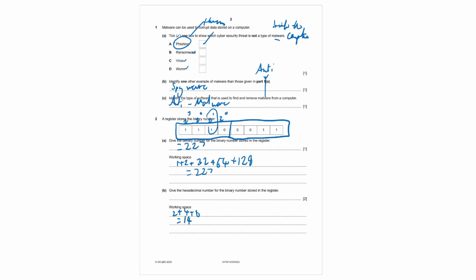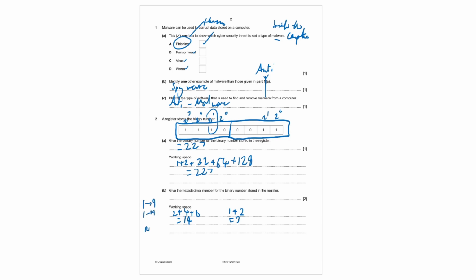Now, for the second one, we have 2 to the power of 0, 2 to the power of 1, and so on and so forth. So we have 2 to the power of 0 is 1, and 2 to the power of 1 is 2, so we get 3. Now, 1 to 9 is just given as 1 to 9.